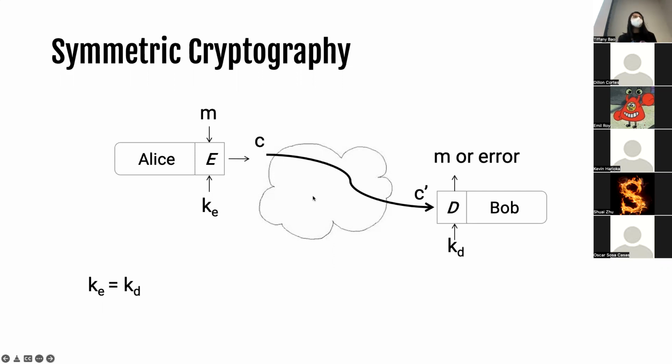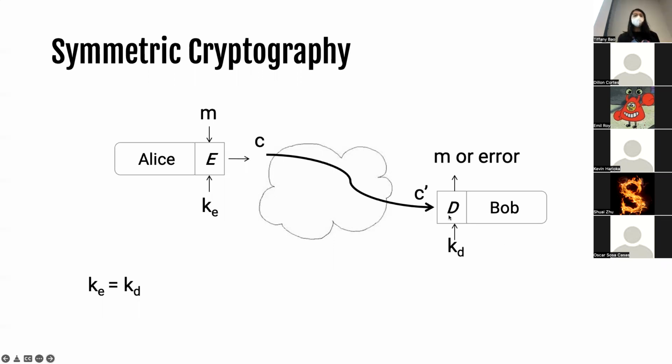Then the ciphertext will be sent to the public, meaning that if someone bad in the middle, he can get this message. But by the end, this message comes to the recipient, Bob, where we use C prime to denote the sent ciphertext.